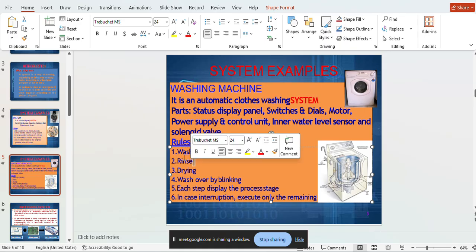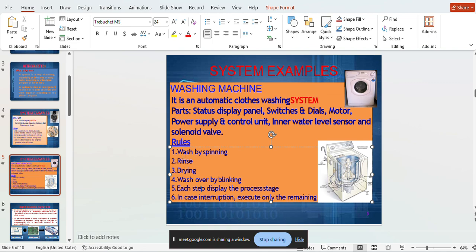If the machine is in the last step and the power is suddenly off, it would start from the first step. So this should be avoided. After the power arrives, it should start from the current state. If it stopped at the 4th level, it should start from the 4th level only, not the first level.